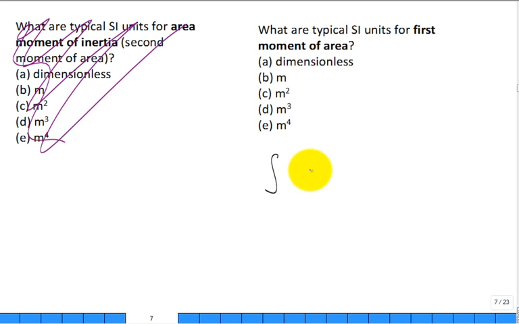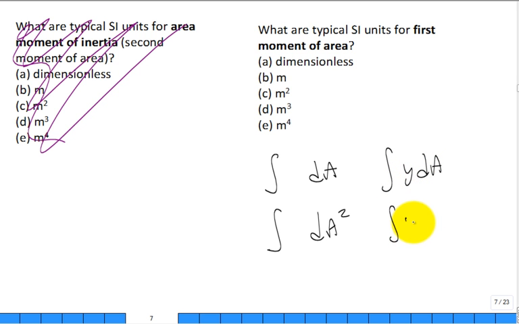Was it the integral of dA? Was it the integral of dA squared? Was it the integral of y dA or x dA, some length, or the integral of y squared dA? Of these four, another clicker question, A, B, C, or D, which of these four is the first moment of the area?